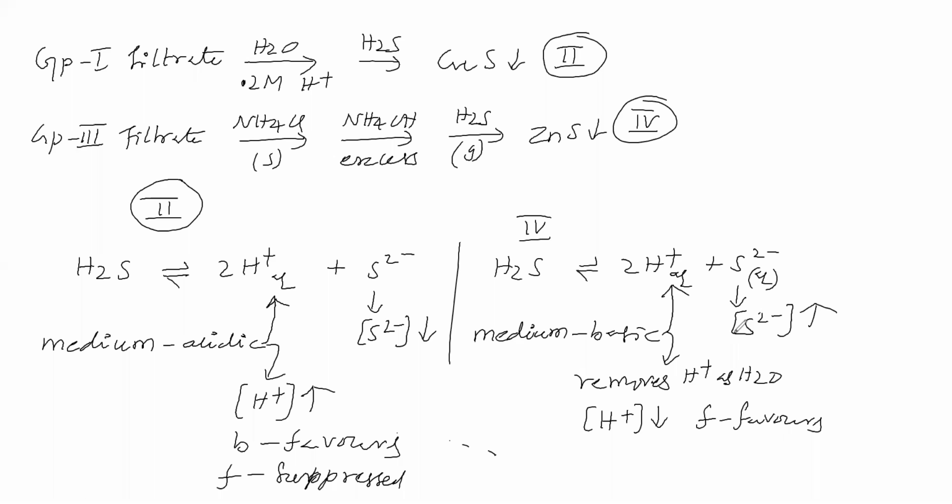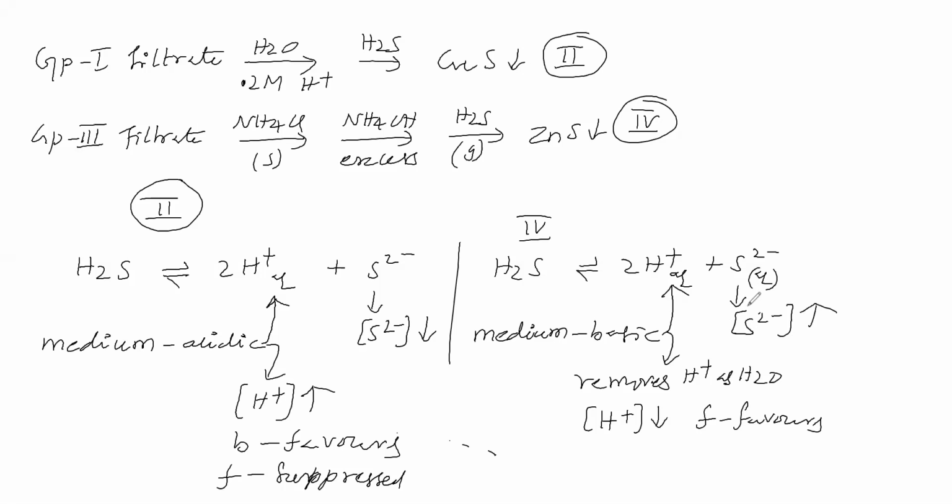Now see the concentration of sulfide in both cases. In acidic medium, the concentration of sulfide is low; in basic medium, it is high. At lower concentration of sulfide, the ionic product of these cations is greater than the solubility product, therefore group 2 cations precipitate here.